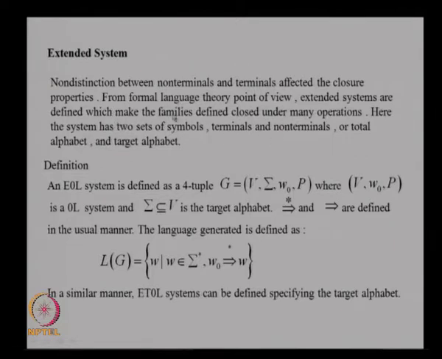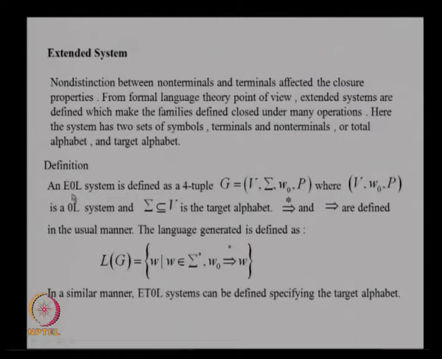So, from the formal language theory point of view, extended systems have been defined, which make the families closed under many operations. Here we have two sets of symbols, terminals and non-terminals, or instead you consider the total alphabet and a subset of it as the target alphabet. The target alphabet corresponds to the terminals, and the total alphabet corresponds to both terminals and non-terminals, or the union of terminals and non-terminals.